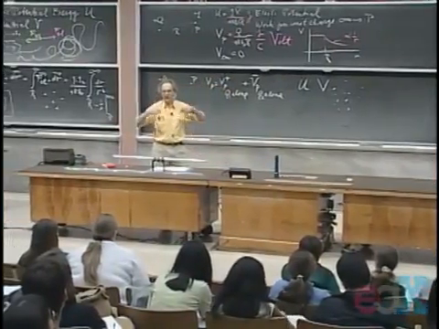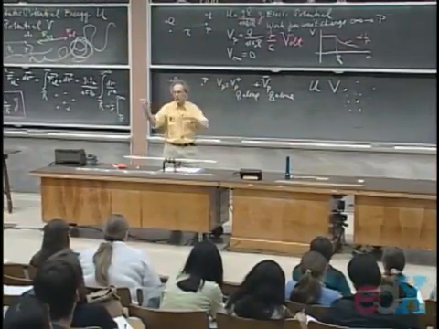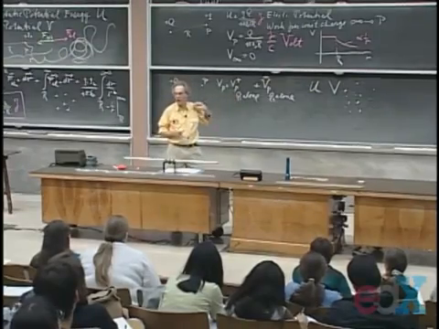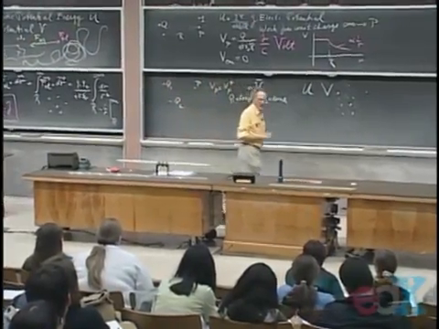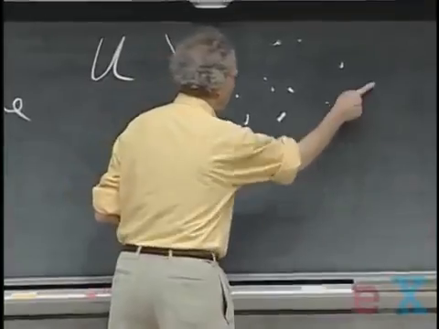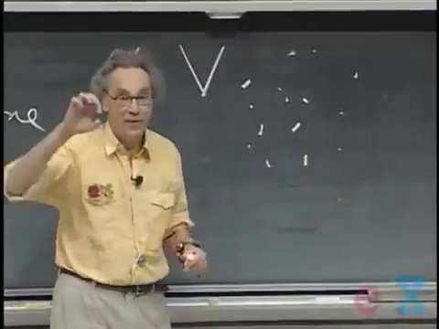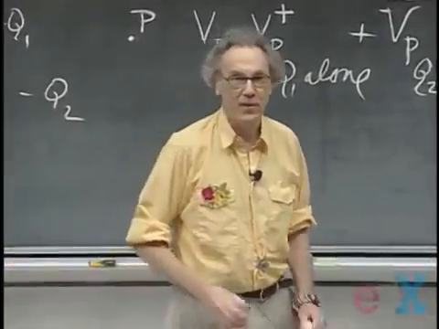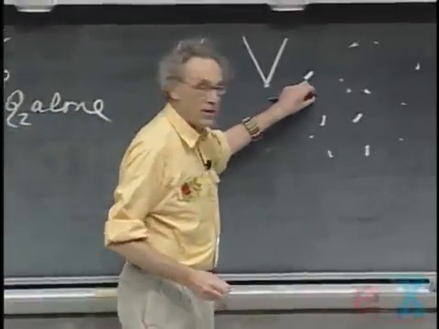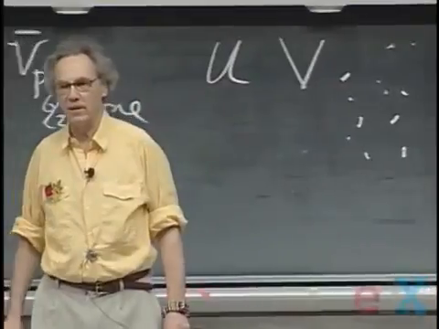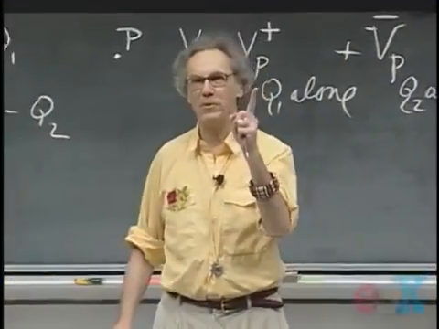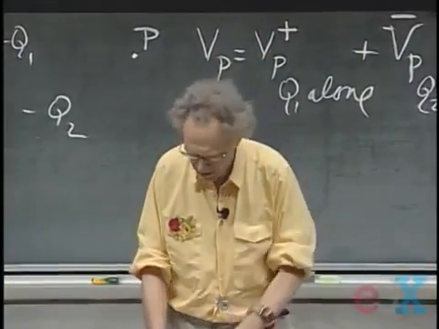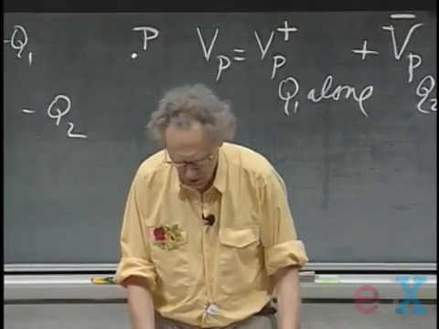It is the work that I have to do to put all these crazy charges exactly where they are. But the electric potential is different here, from there, to there, to there. If you're very close to a plus charge, you can be sure that the potential is positive. If you're very close to a negative charge, you can be sure that the potential is negative. But U has only one number. It's only one value. They're both scalars. Don't confuse one with the other.